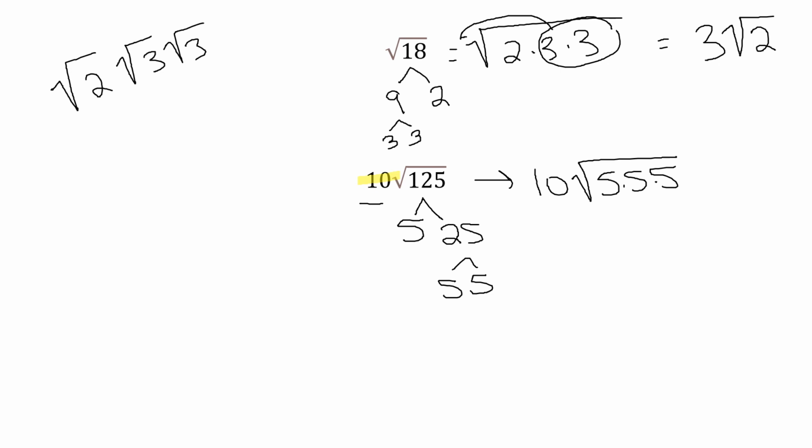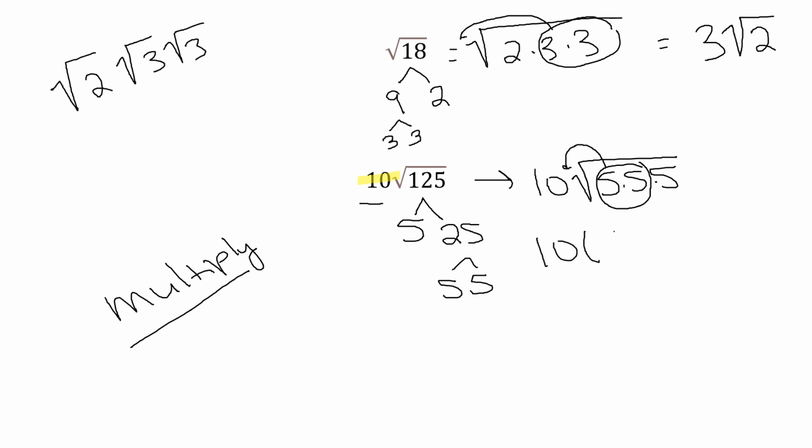Now I'm going to pair it up. I have a pair of 5s, and that pair of 5s is going to pull out. When I pull it out in front, I'm going to multiply. That last step that says to simplify, this is what it means. So I'm going to pull that 5 out, and when I do so, I'm going to multiply.